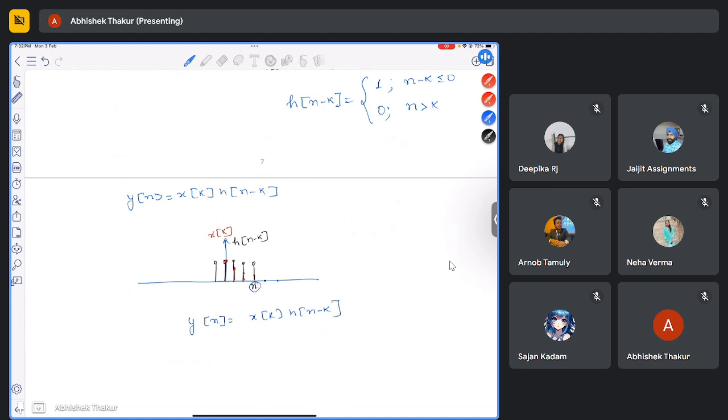Up to the value of n, because after n, h of n minus k is becoming 0. So this summation will be for k equal to 0 to n.